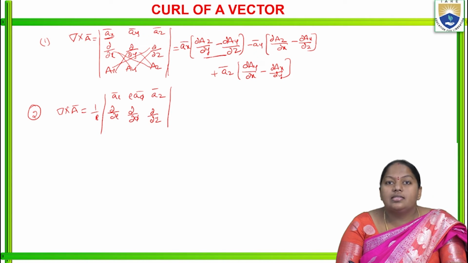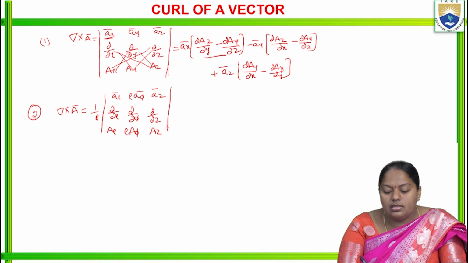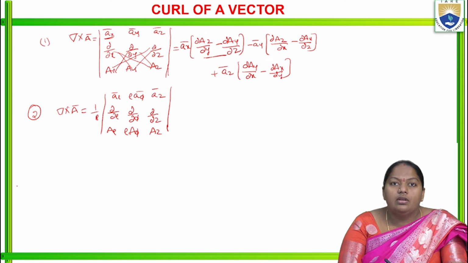Why? Because in the cylindrical coordinate system, the variables are rho, phi, z, and the magnitudes are a rho, a phi, and az. The same procedure we have to follow here also.